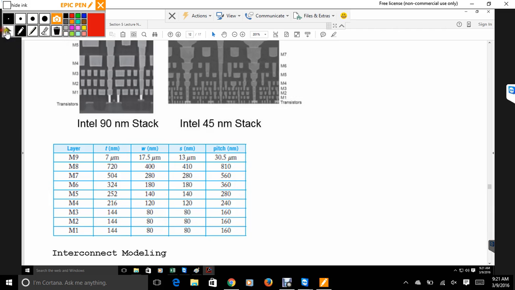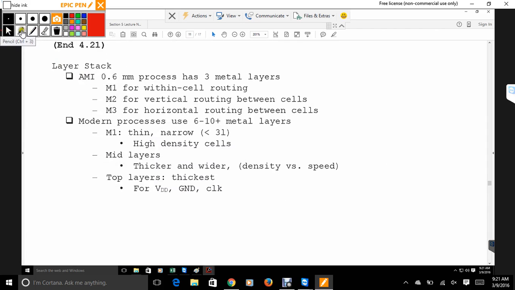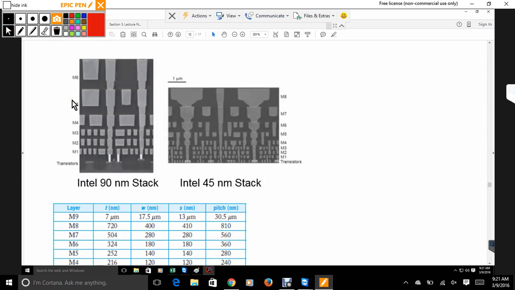And the reason why is, going back up to this little diagram up here, you have these thin, narrow, high density cells. And so density versus speed, so this is where good design requires good compromise comes into play. And then your top layers are your VDD, ground, and clock. And for that one, that was metal 7, right?